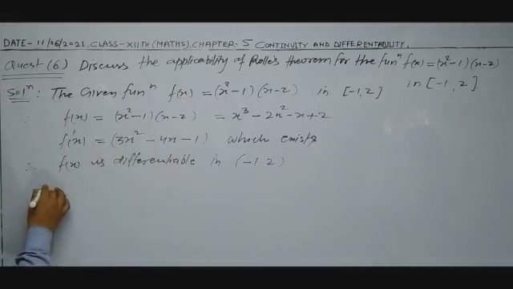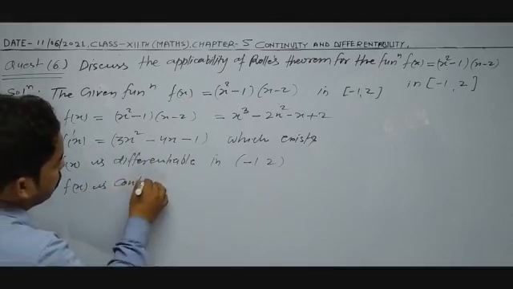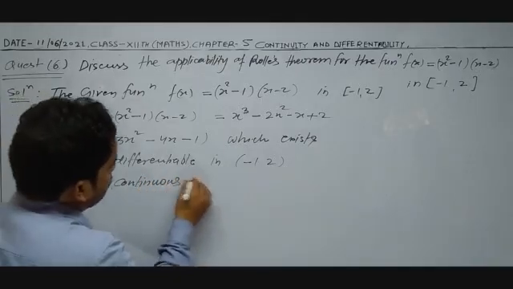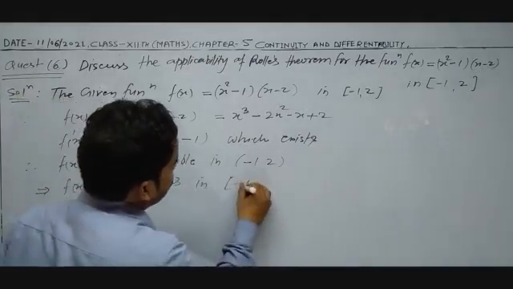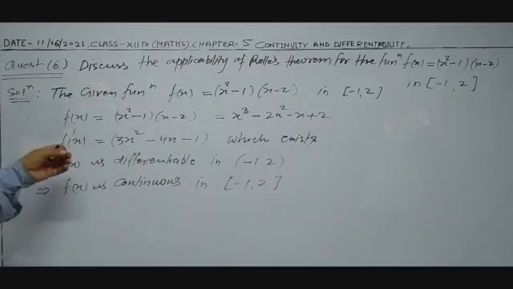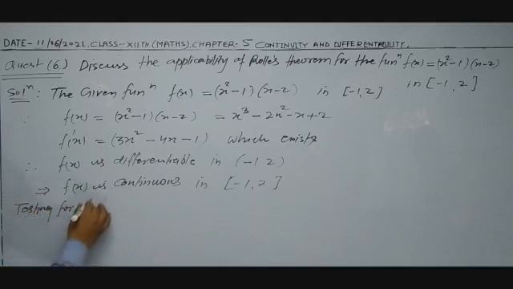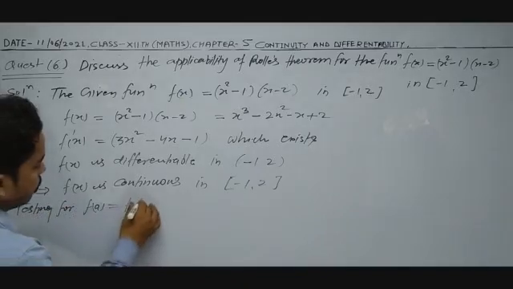This implies f(x) is continuous in the closed interval −1 to 2. So continuity and differentiability are verified. Now the third condition: testing for f(a) = f(b).